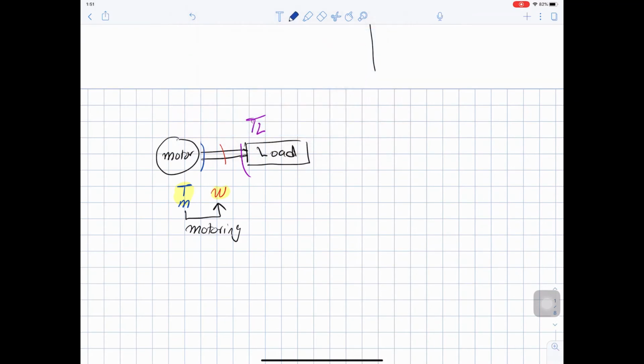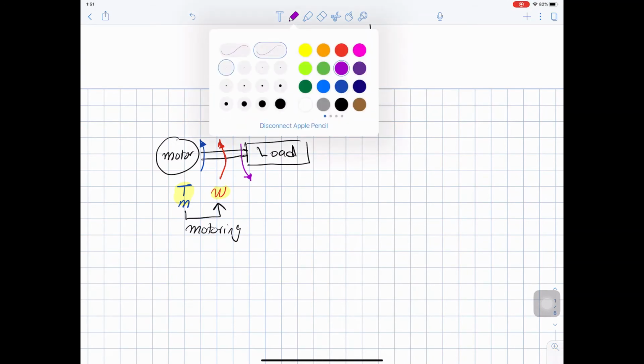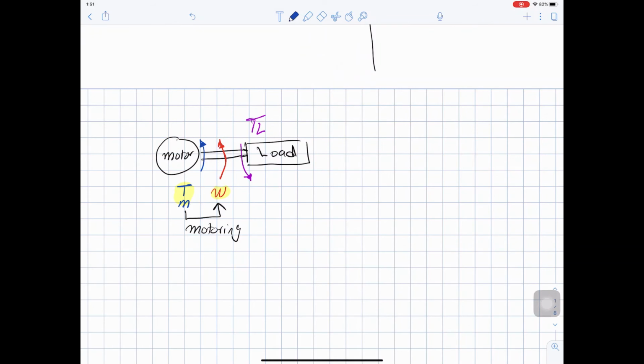So we will say that T motor is going up, and the speed of the motor is going up, and T load is in opposite direction. So we reversed all of them. So you are still doing motoring, but you are doing motoring in the opposite direction.